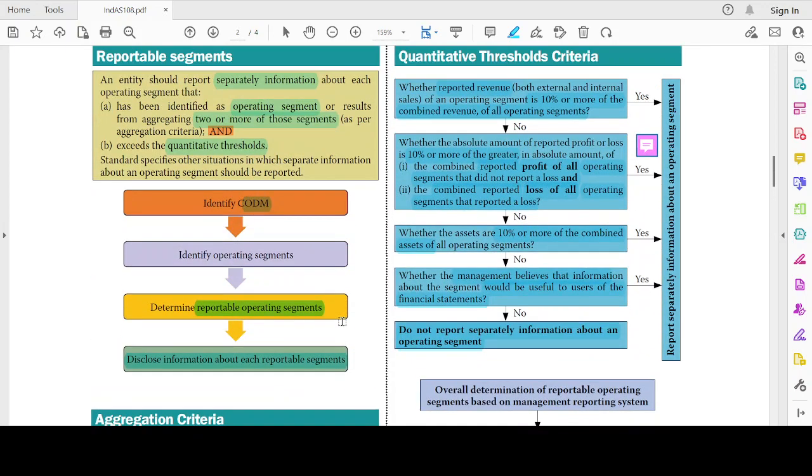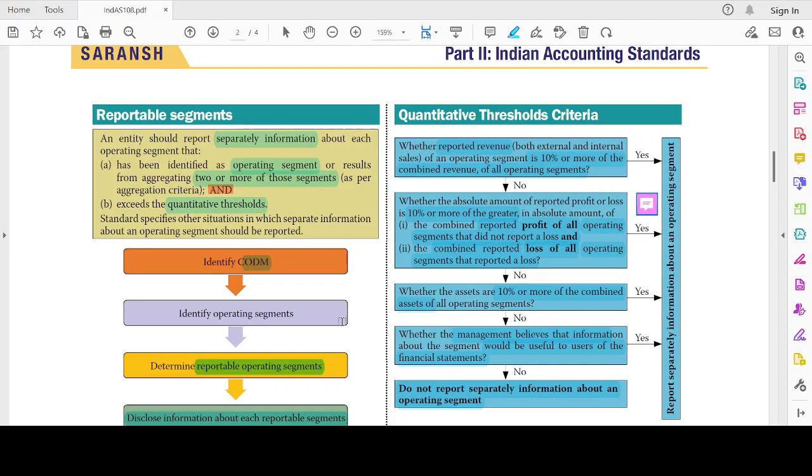Now, moving on to the quantitative threshold criteria, we have to check whether the reported revenue, both external and internal sales, of an operating segment is 10% or more of the combined revenue of all operating segments. We have to check whether the revenue of the branch is 10% or more of the gross revenue disclosed in the financial statements.